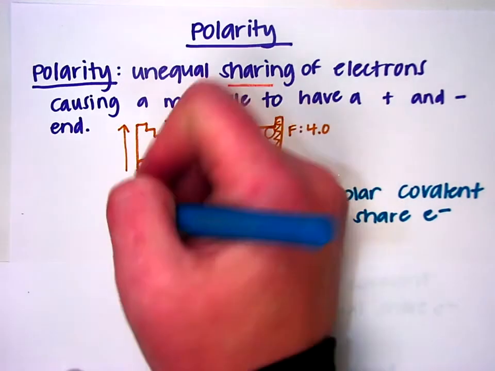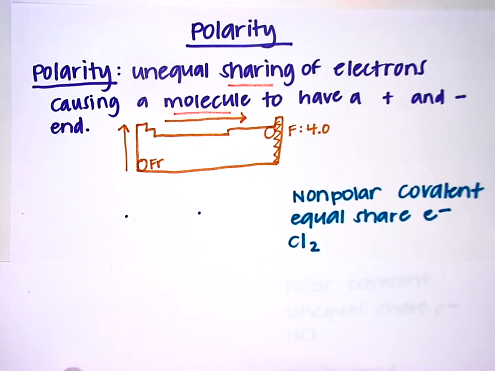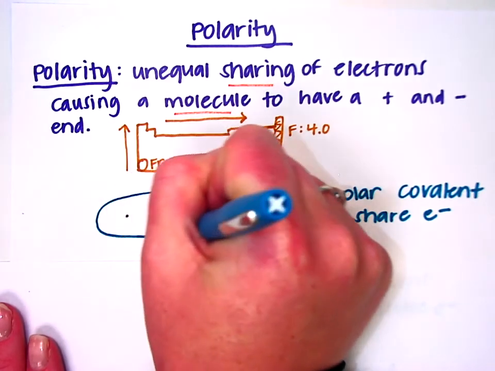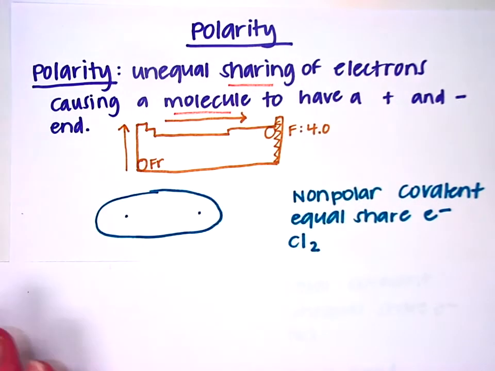If you imagine those two little dots are my atoms, remember when we're sharing electrons, the electrons are moving back and forth in the electron cloud between these two atoms. We see an equal movement where the electrons spend their time equally with each atom, not more time on one side than the other. That's a nonpolar covalent bond.